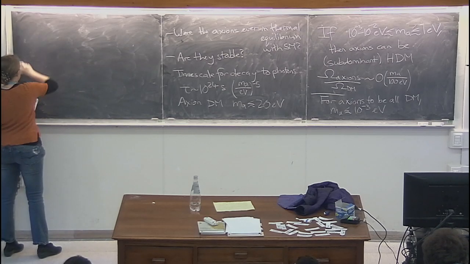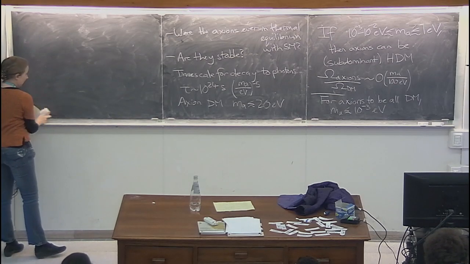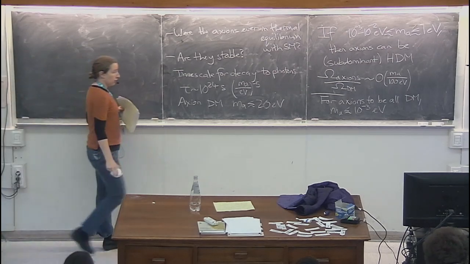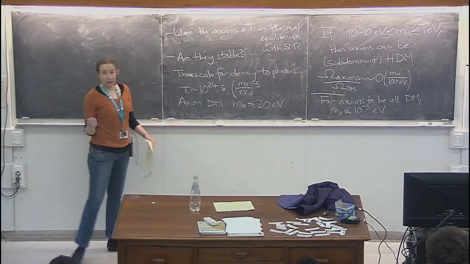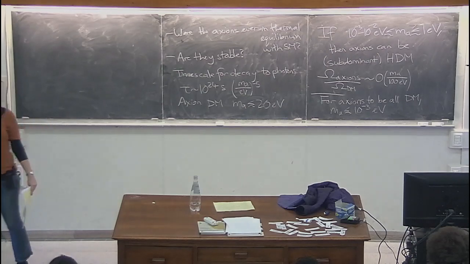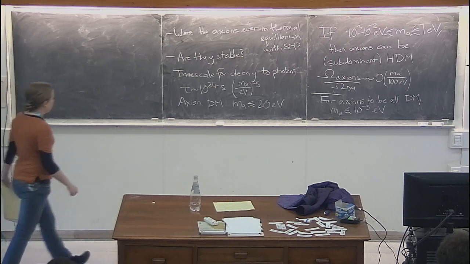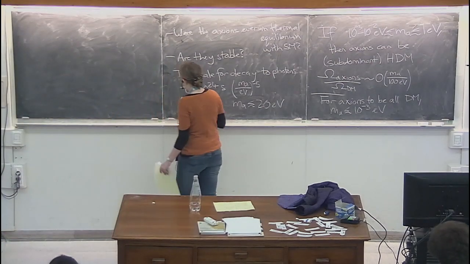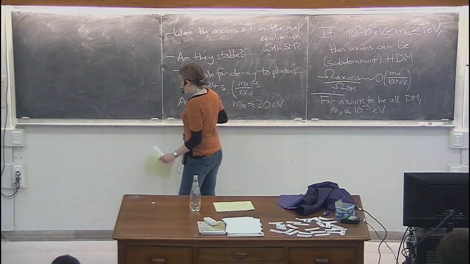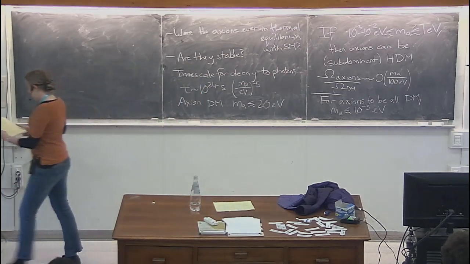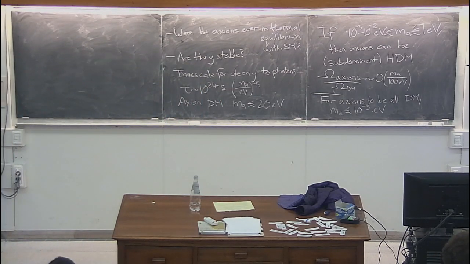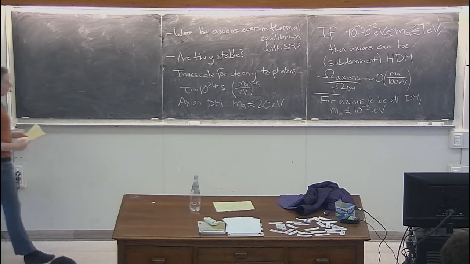You don't care about what interactions they have with the other particles that we know about, if there even are any. So we're going to do an analysis that is basically like the analysis of slow roll inflation, considering the expectation value of this axion field as a classical scalar field evolving in the early universe.